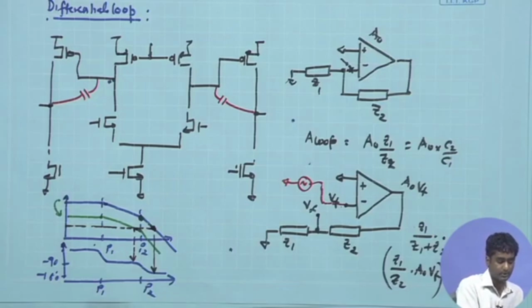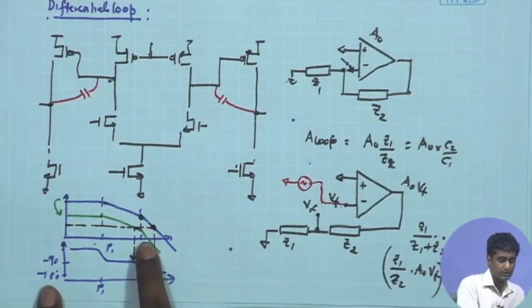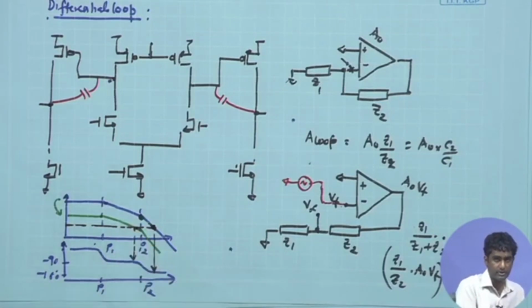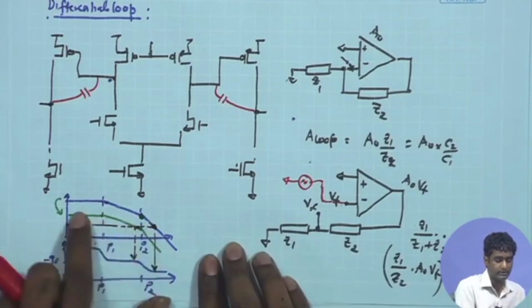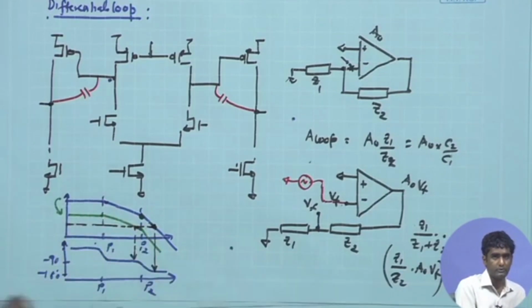Whereas the differential response will end up having even better phase margin, and because the gain is lower, we do not need so much compensation for the differential loop. Therefore, it may be better if we can decouple these two compensations and have more aggressive compensation for the common mode loop as compared to the differential loop.